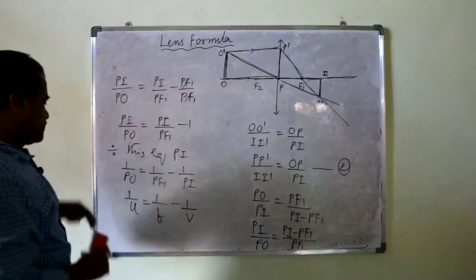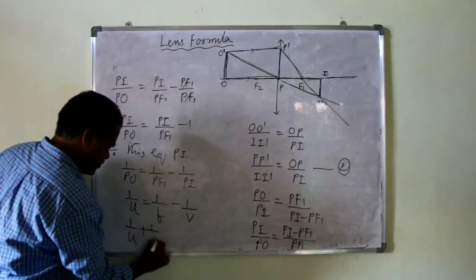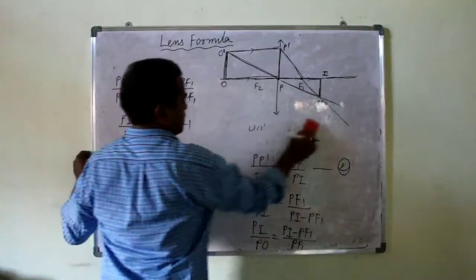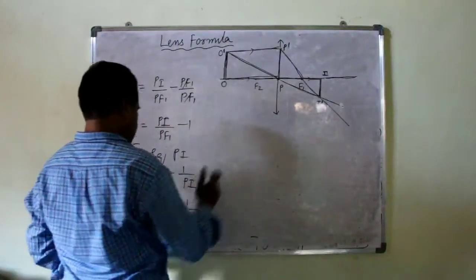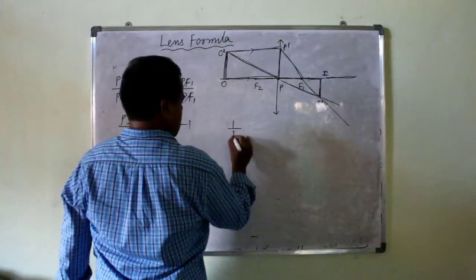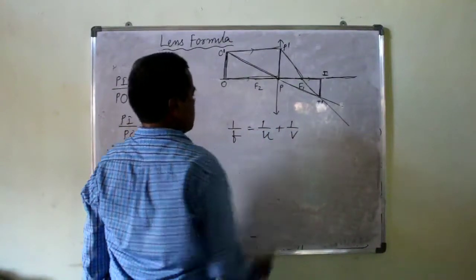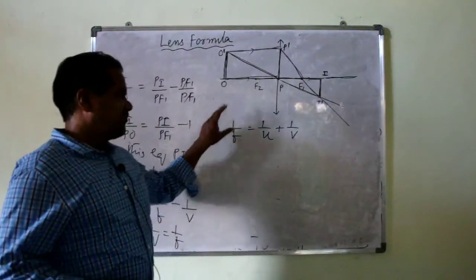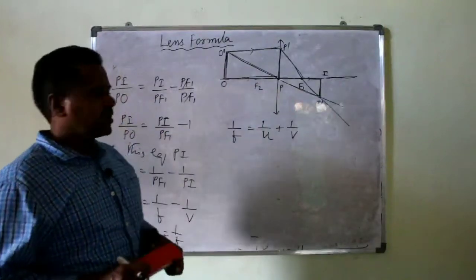So by transposition, 1 by U plus 1 by V is equal to 1 by F. It can also be written as 1 by F is equal to 1 by U plus 1 by V. So this is the lens formula for a biconvex lens for the particular condition we have taken in this context.